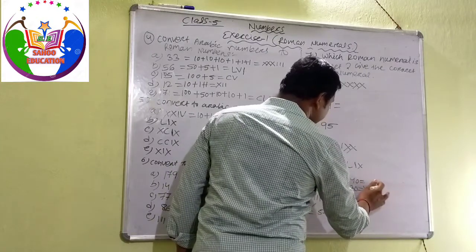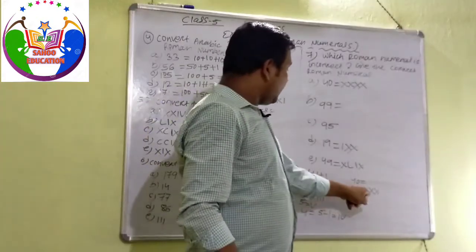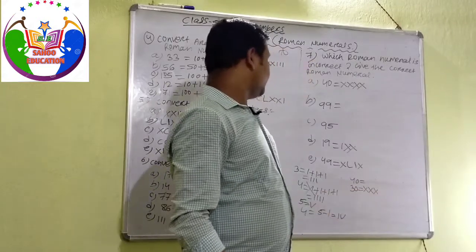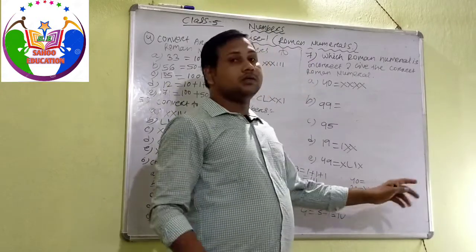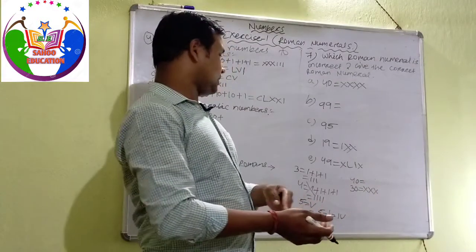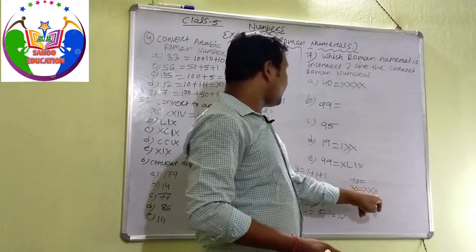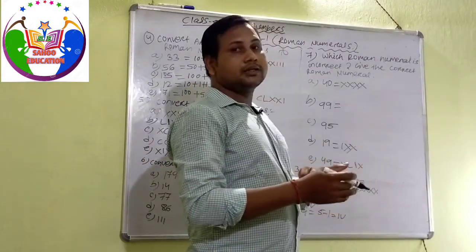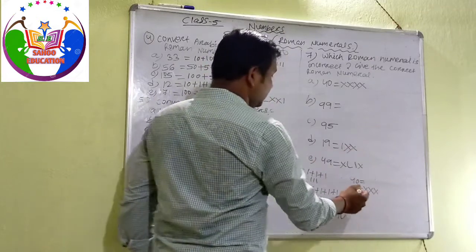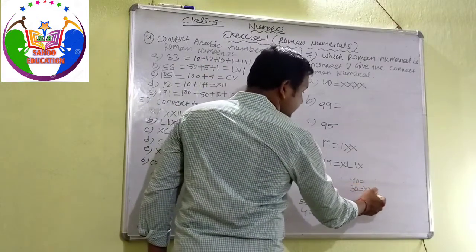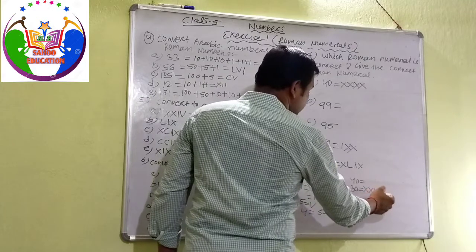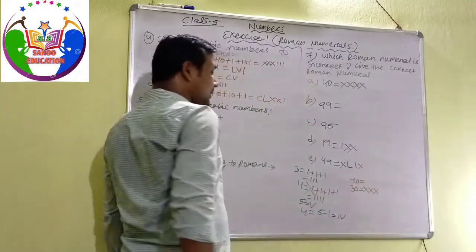As I said, we will never repeat a letter more than 3 times. Here X is repeated 3 times for 30.